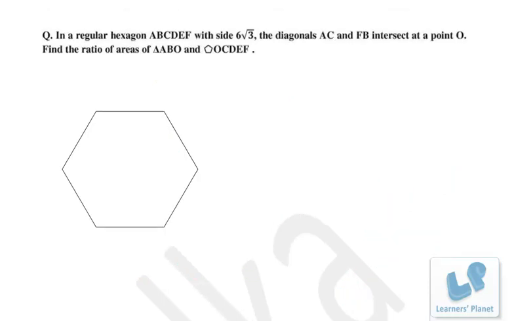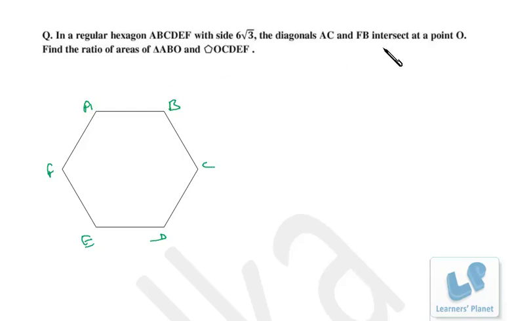Now I have this problem. Here, in a regular hexagon ABCDEF with side this, the diagonals AC and FB intersect at point O. Find the ratio of areas of triangle ABO and pentagon OCDEF. Now, I have this regular hexagon. I just name it A, B, C, D, E and F, right?